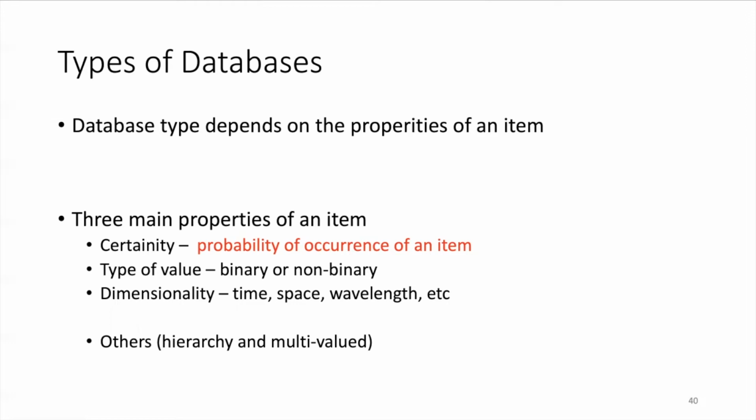Next one is type of value, that is whether the value is a binary value or a non-binary value. The next one is dimensionality, that is whether the dataset has temporal information, spatial information, or some other information. Next one is sometimes there is other forms of information available, that is hierarchy and multi-valued attributes.